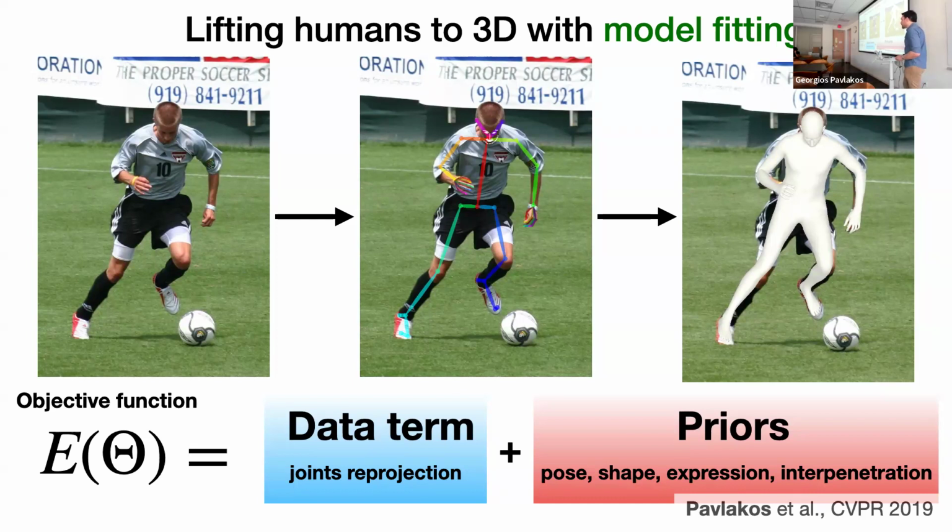Presumably there are ones that people would judge to be better or worse, and you're using the priors to guide towards them. Are you evaluating whether you're getting the one of many that people like? It's not what people like. This is typically evaluated on data that we have from a lab, so we have 3D ground truth to evaluate the accuracy of this optimization. It is evaluated with a golden standard, 3D ground truth from mocap systems.